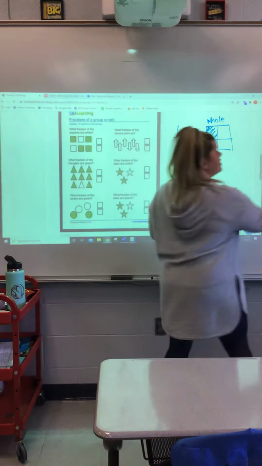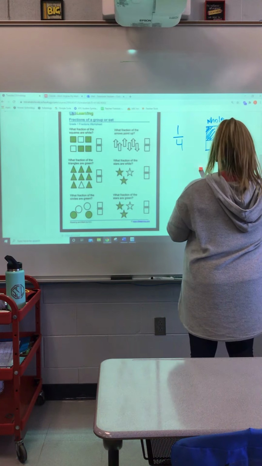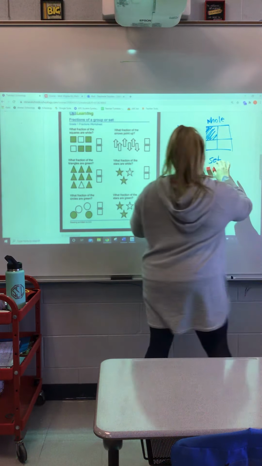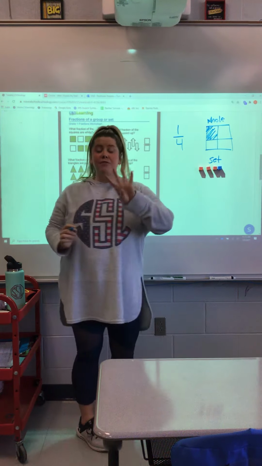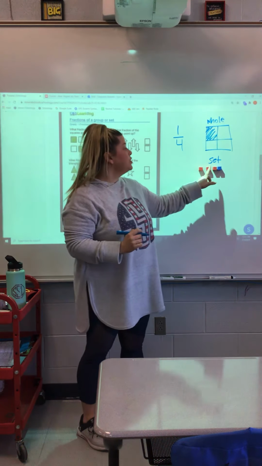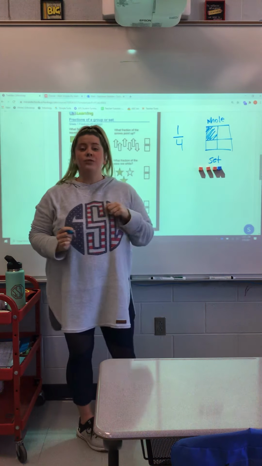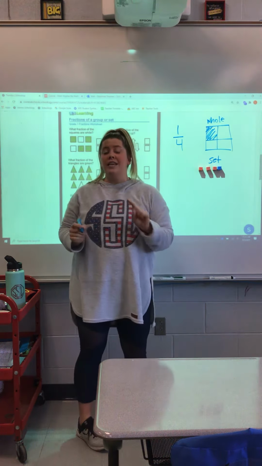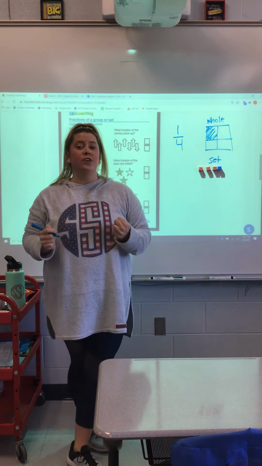In this case, we're going to have 4 counters. So here's my set. I have 4 counters: 1, 2, 3, 4. 1/4 of my counters is blue. That means 1 out of my set of 4 is blue. Those are the 2 ways so far that we've learned to look at fractions.